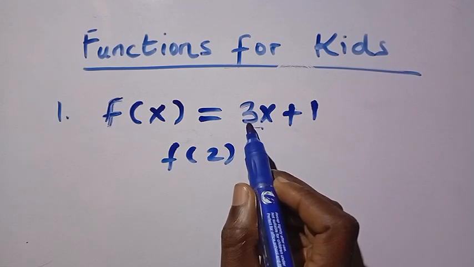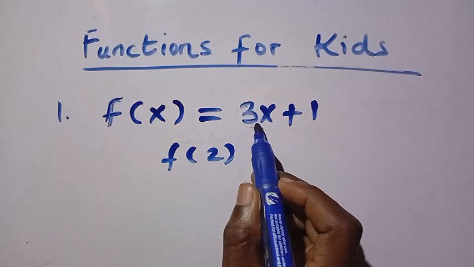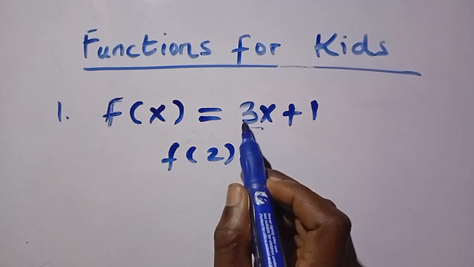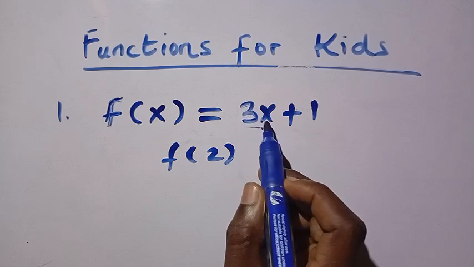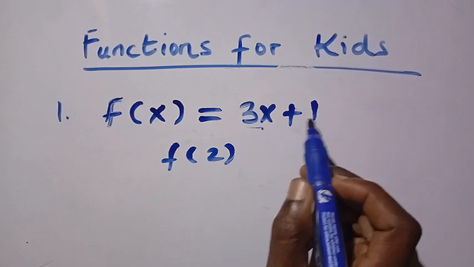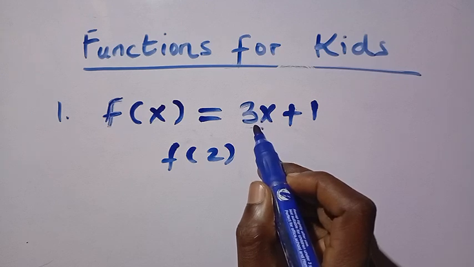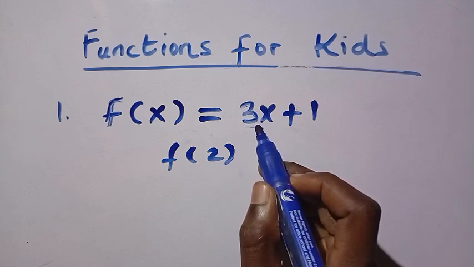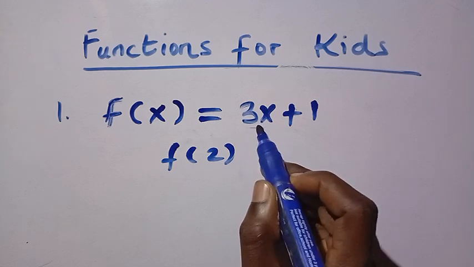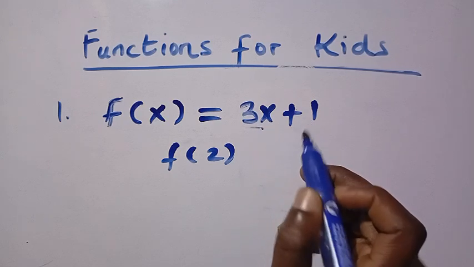Here is the coefficient of x. What is at the back of x? The coefficient of x, 3 multiply x. Then after we get that, we now add plus 1. We apply the rules of BODMAS or PEMDAS here, so we follow multiplication first, then we come to addition.